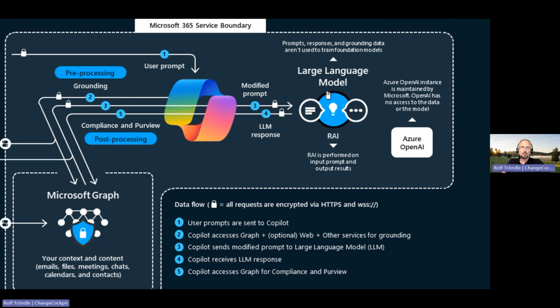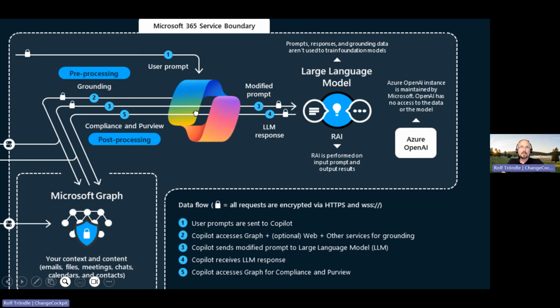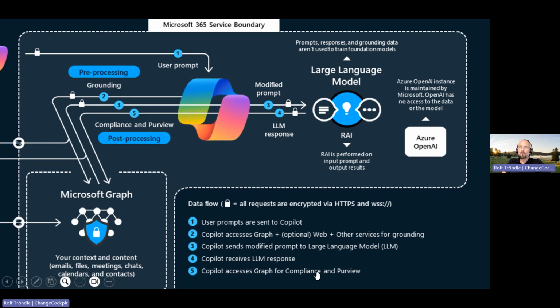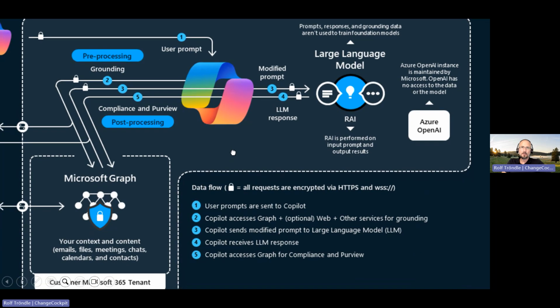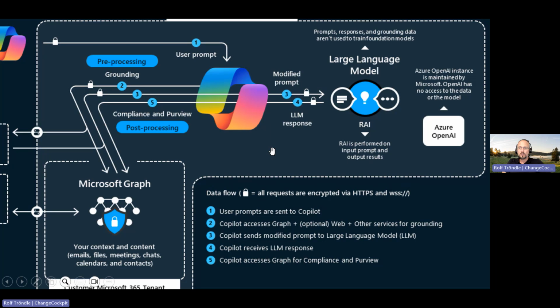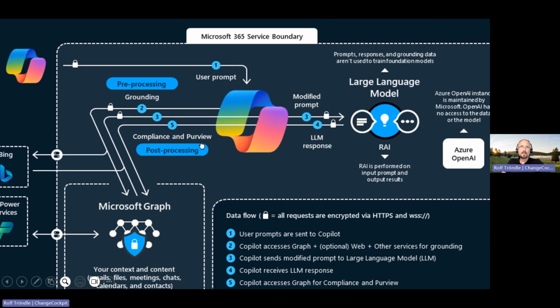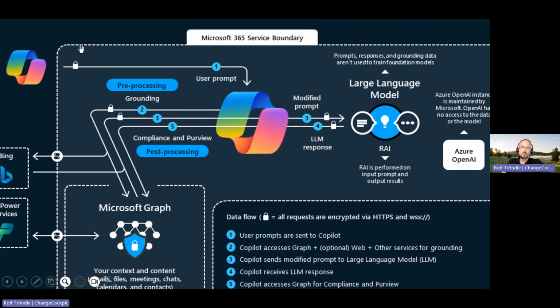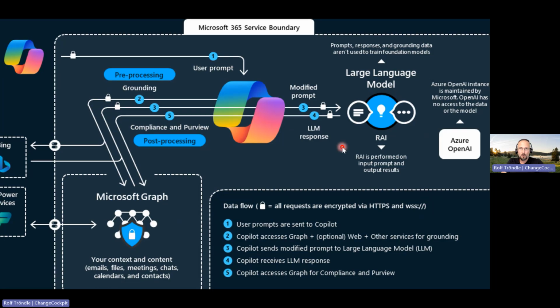Behind this are Azure OpenAI services. Copilot then gets the LLM response back. That's number 4. Then it will access graph again for compliance and Purview, because everything must be traceable and auditable, what users are doing with Copilot and how they work, and then users get the results back afterwards.